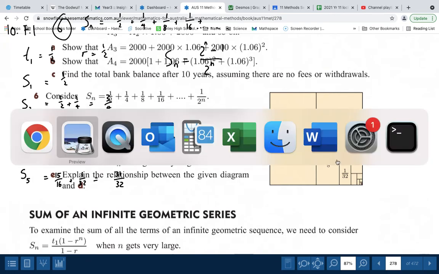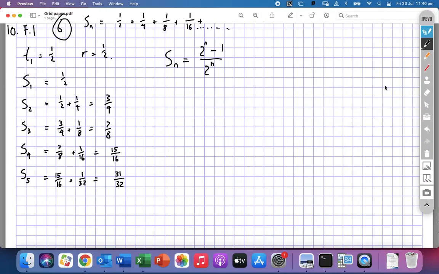Okay. What you're going to learn is that there's a simpler version of the formula.